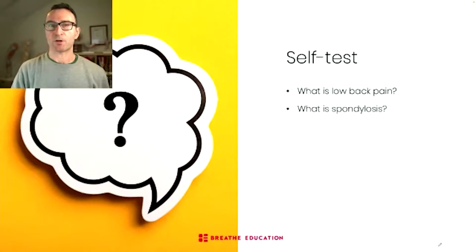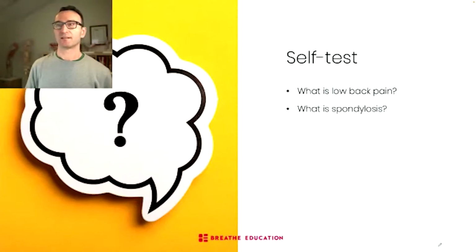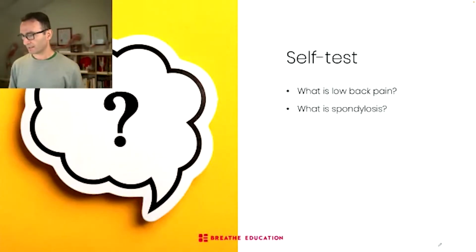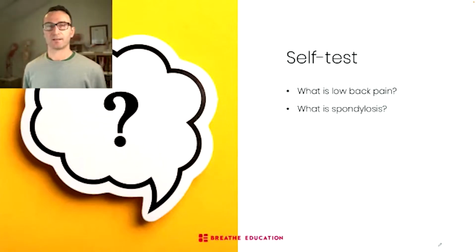What is spondylosis? And the answer is it's an umbrella term that just means there's stuff going on in your back. There's a problem in the back, is basically what it means.